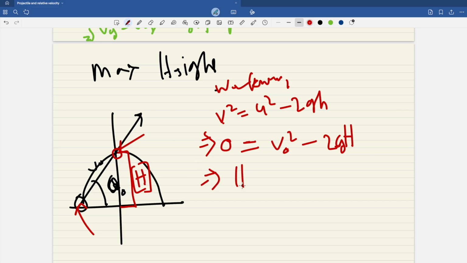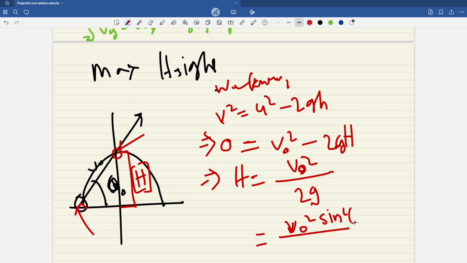Now if we write that, h is equated to V naught square divided by 2g. If we break it down, this V naught square can be written as V naught square sine square theta naught divided by 2g.